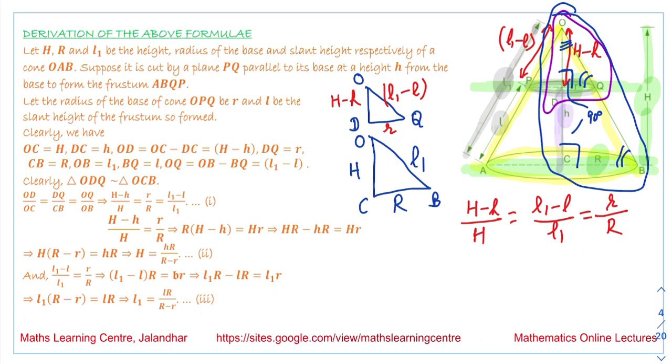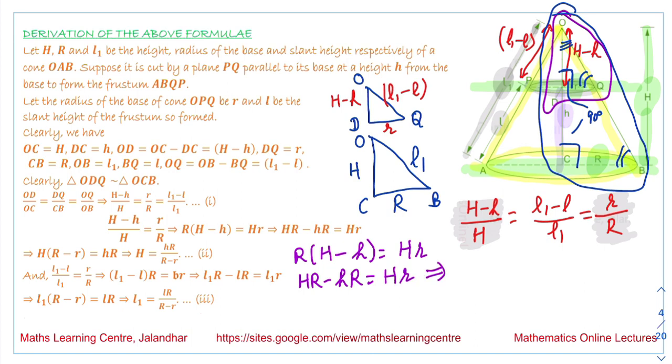Now, if we consider these terms, capital H minus small h over capital H and small r over capital R, on cross multiplying we get the value R into H minus h, that is equal to h into R. So what we get is that HR minus small h into R, that is equal to H into r.